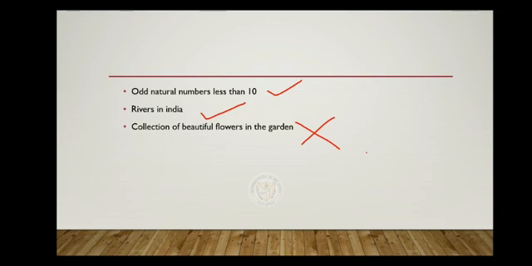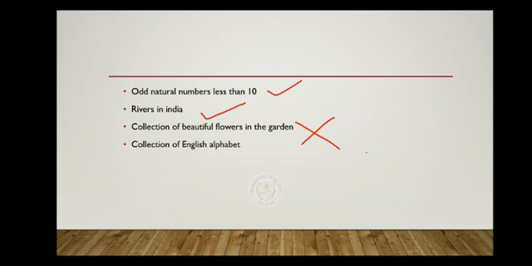We'll see the next one. Collection of English alphabet. You know there are 26 letters in English alphabet, and you know what are all those letters. So when an object is given, you can tell whether that is an English alphabet or not.